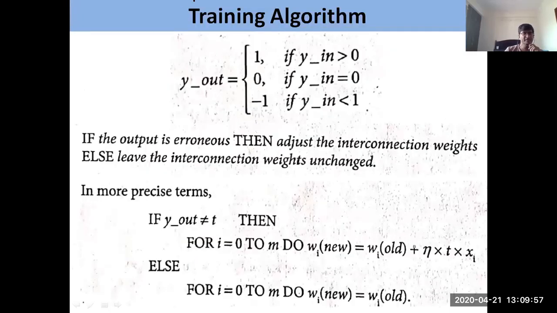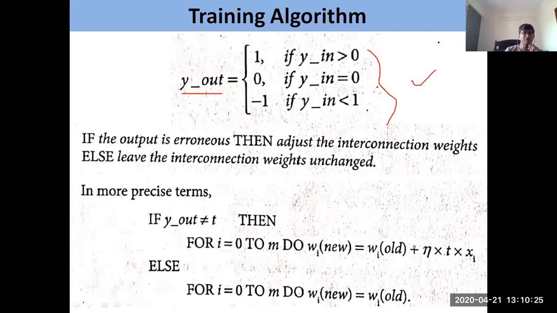So let's do an example to understand how the training can be done and what the important aspects of it are. This is what I was talking about, that we can use a Heaviside function where we have three ranges of value. This is your output. So we're talking about the activation function, which can produce a value of 1 if your total activation input, Y in, is greater than 0.